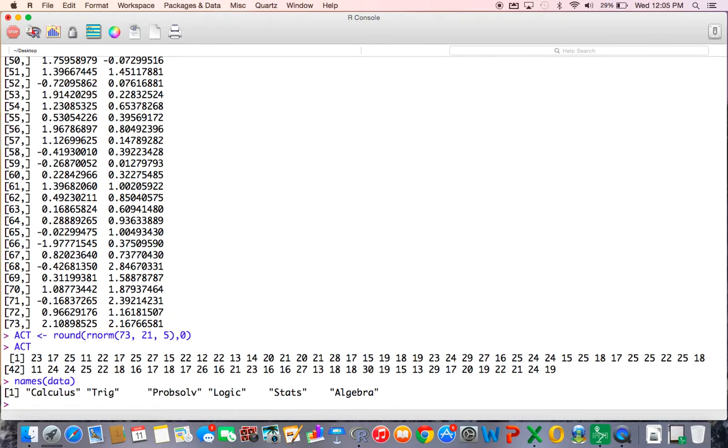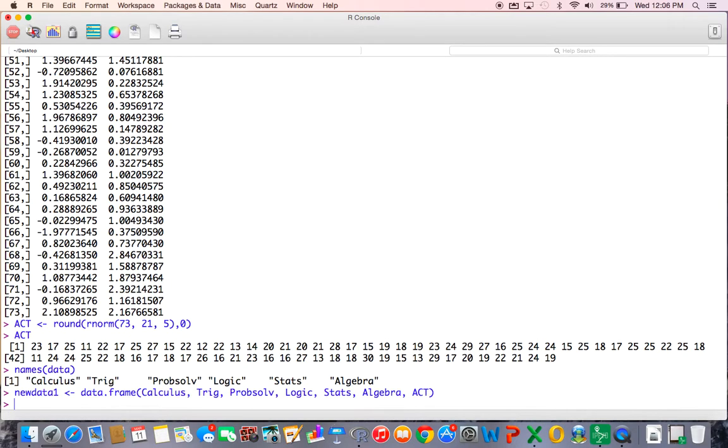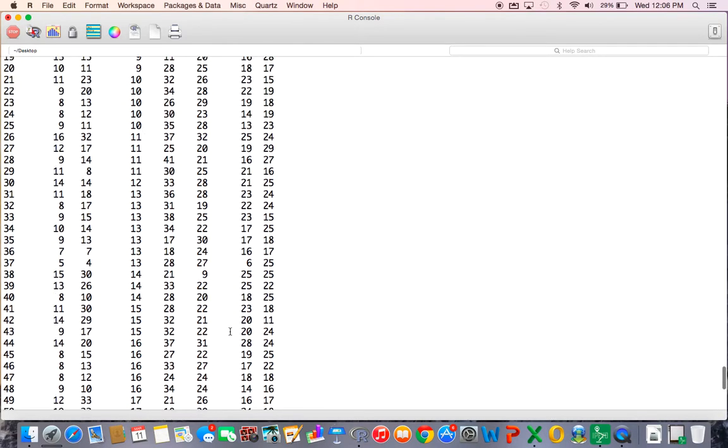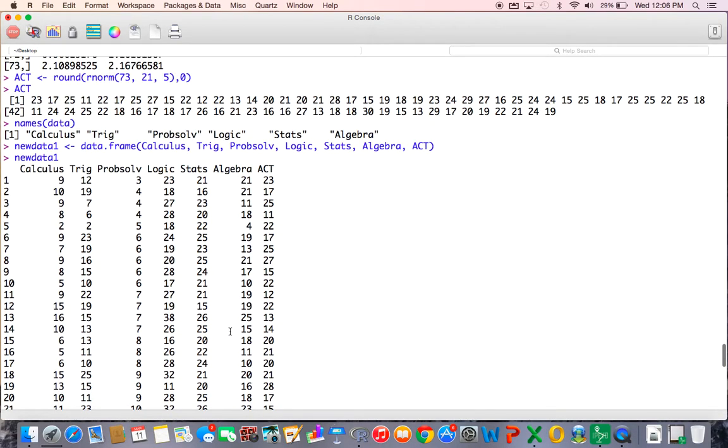Okay, so I could create new data number 1 where I'd create a data frame with calculus, trig, problem solving, logic, stats, algebra, and ACT. And you can see I have a new data set. Okay?